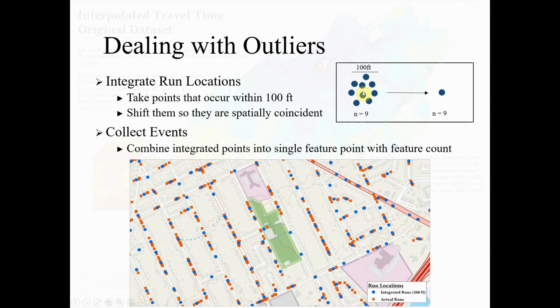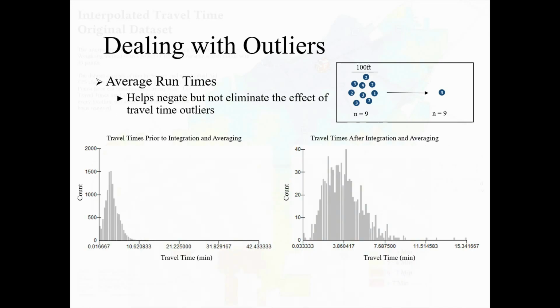So you have 9 points here, for instance, and now you shift those points so they're all in the same location, but you still have 9 points stacked on top of each other.